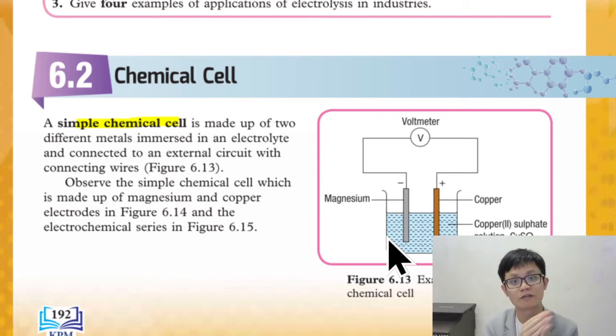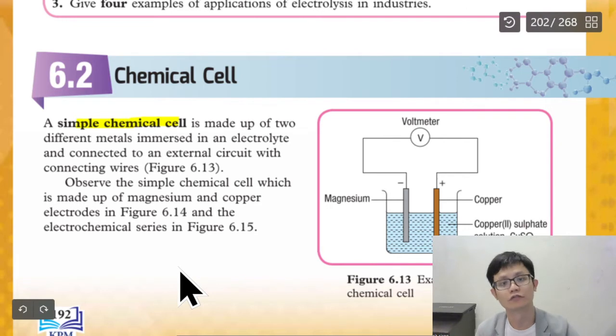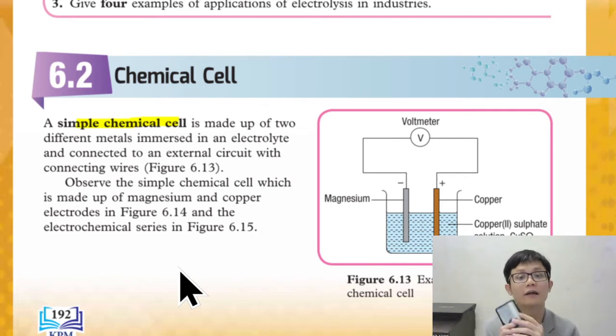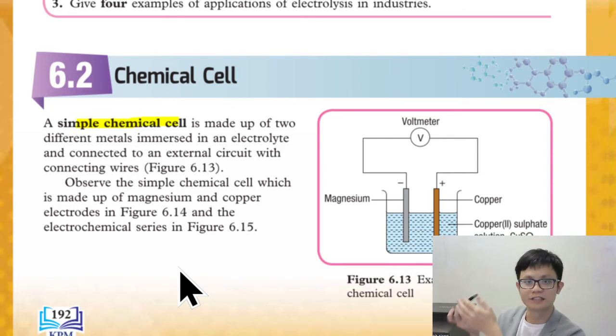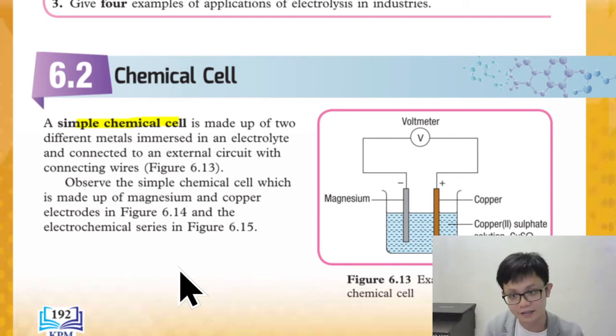Now in a chemical cell, we want to use chemical energy to make electric energy. So one example is maybe my phone. My phone has a battery. So they are using chemical energy to make electric energy. Of course, when I charge, that time is electric energy to chemical energy. Now chemical energy to electric energy.